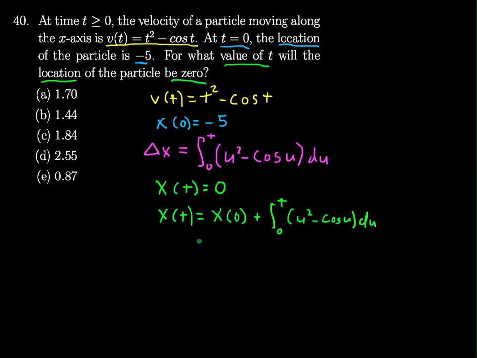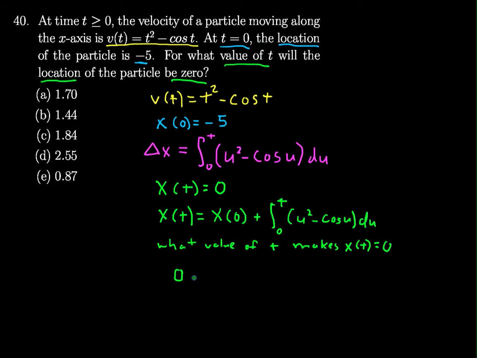I want to find what value of t makes x of t equal to 0. So I will replace this x of t with 0 and try to find out what this t has to be.